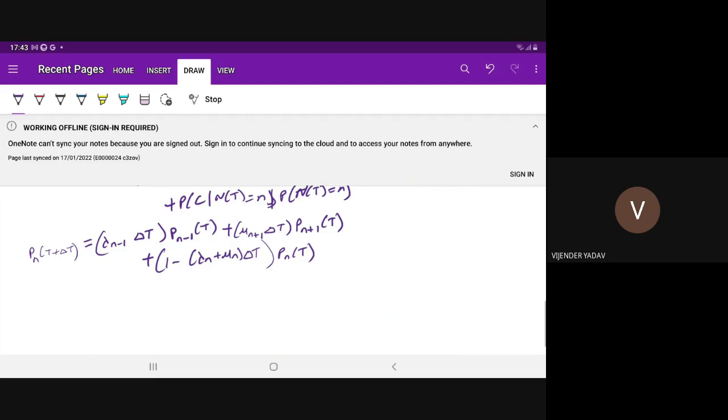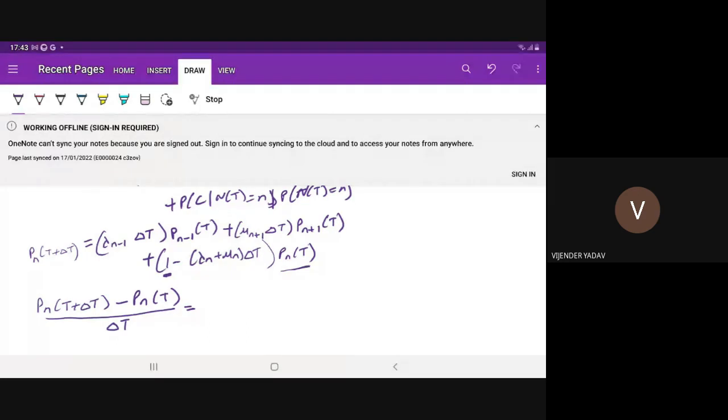Now if you multiply this one with this p n and bring it on the left hand side, so p n of t plus delta t minus p n of t, and divide the whole equation by delta t. So can you help me to write the right hand side? What will remain?